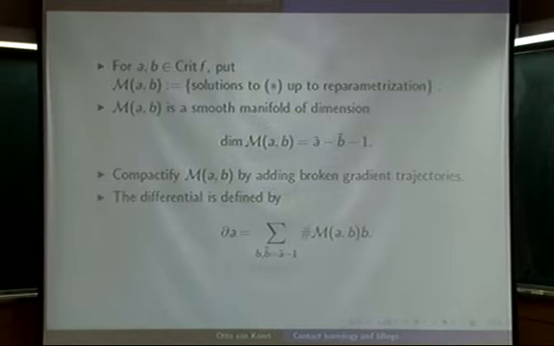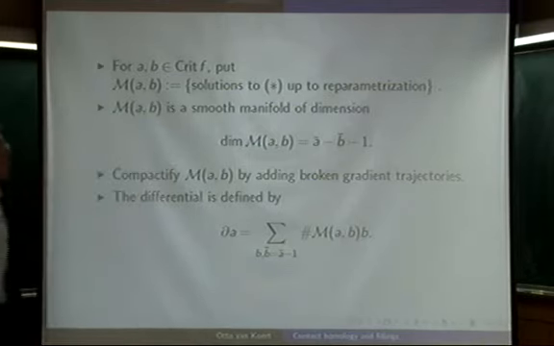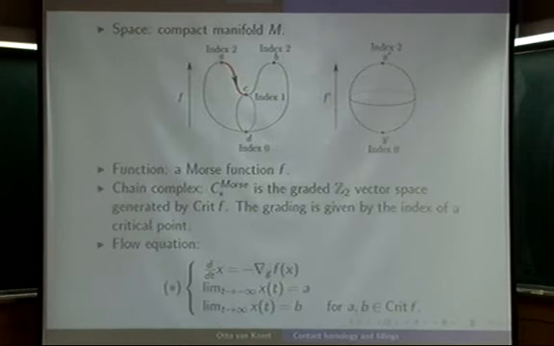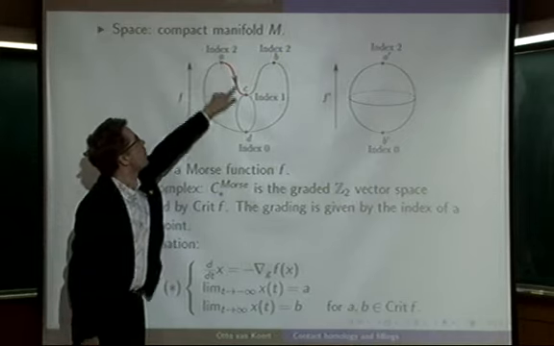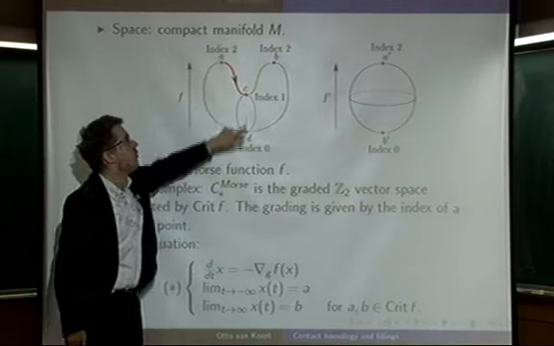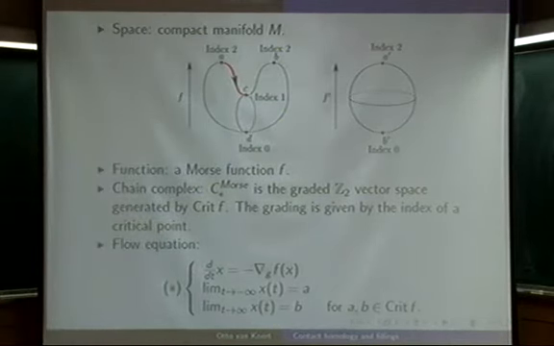Now, if my metric, if the gradient vector field is sufficiently nice, then this moduli space is actually a smooth manifold of dimension equal to the index difference of the critical points minus 1. Sufficiently nice means Morse-Smale, but as you see in the example, here this works. Here the index difference between these two critical points is 1, and there's exactly 1 orbit. And here there are 2 orbits, but you see that the moduli space is a nice finite dimensional manifold.